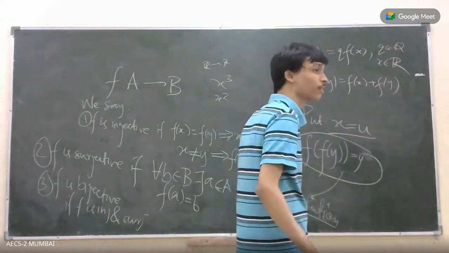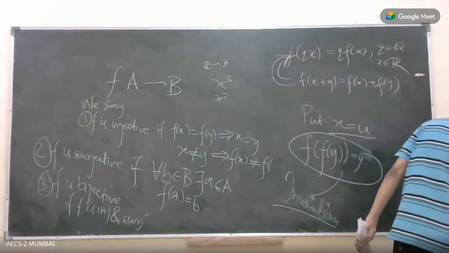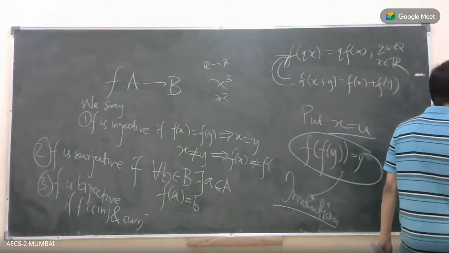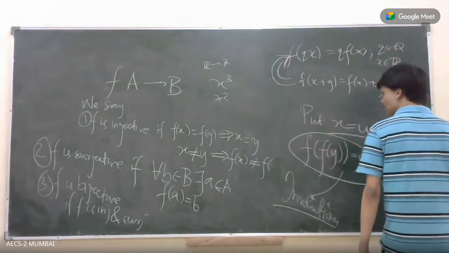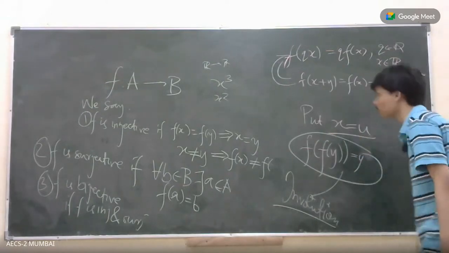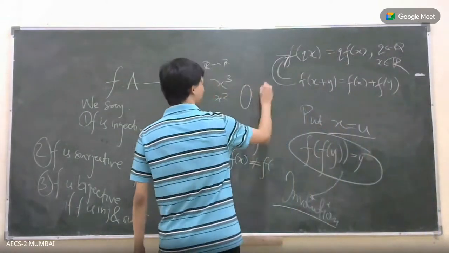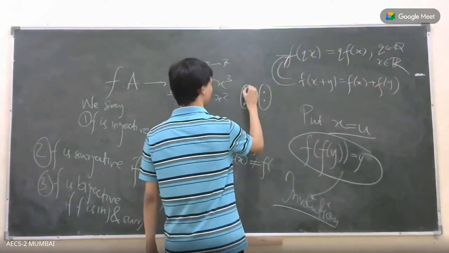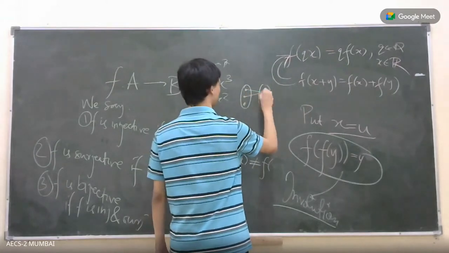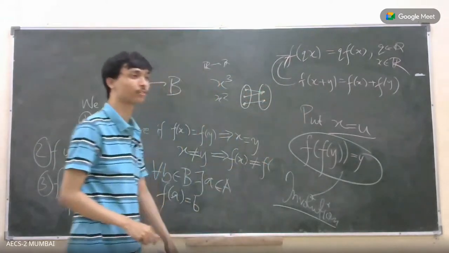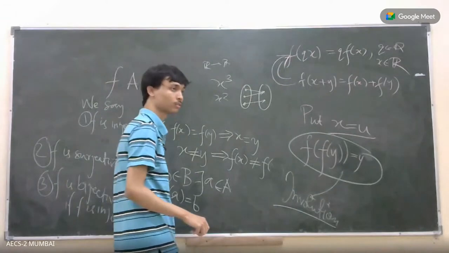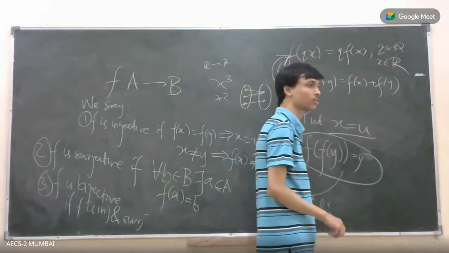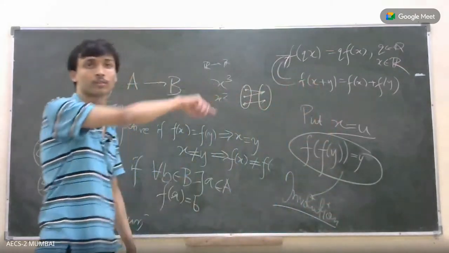That is a bijection, but that is not the only description. Basically, suppose you have a function. Is this function injective? This function is not injective, right? Is this function injective? Okay.